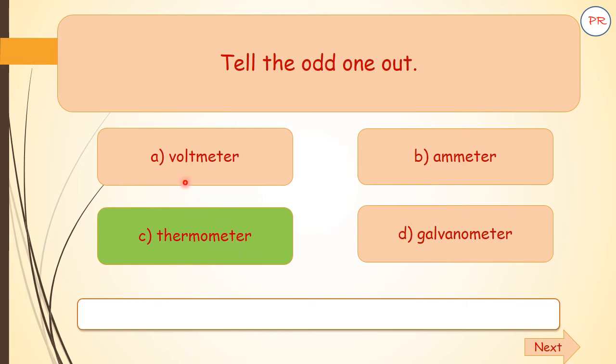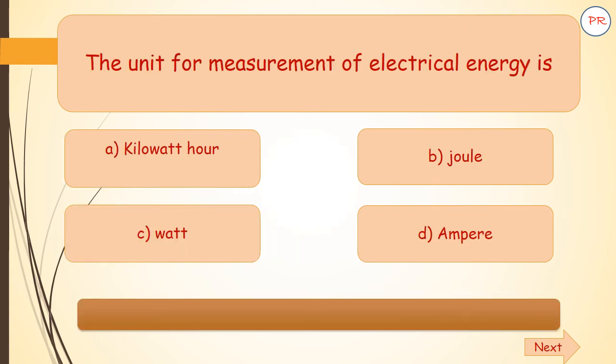Thermometer. See here, voltmeter, ammeter, galvanometer, all are used for electricity purposes, whereas a thermometer is used for measuring temperature. Therefore, thermometer is the odd one out over here. The unit for measurement of electrical energy is A. kilowatt hour, B. joule, C. watt, D. ampere.